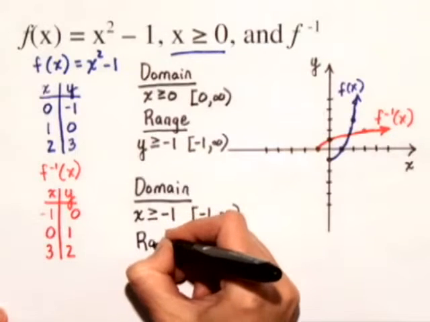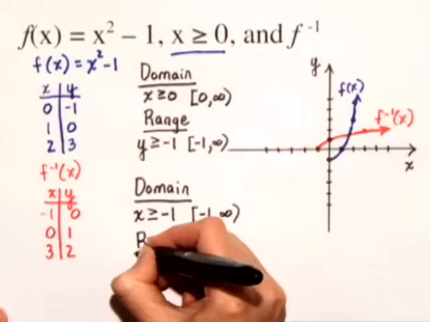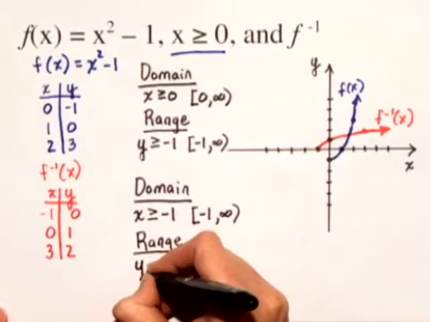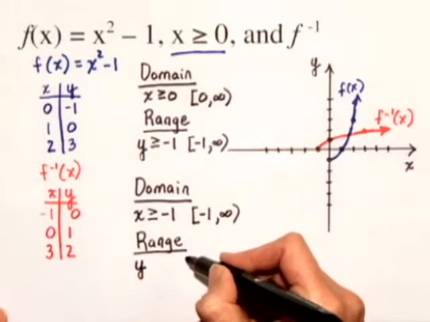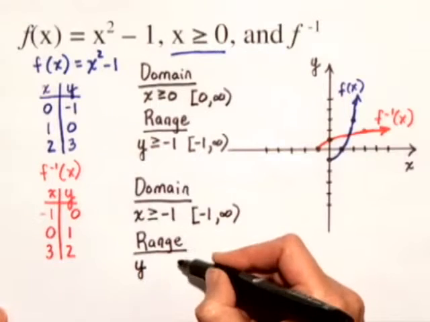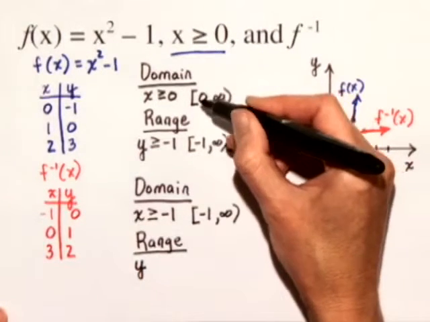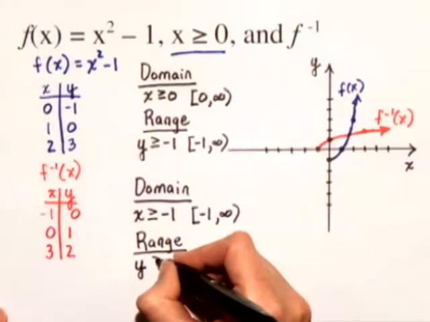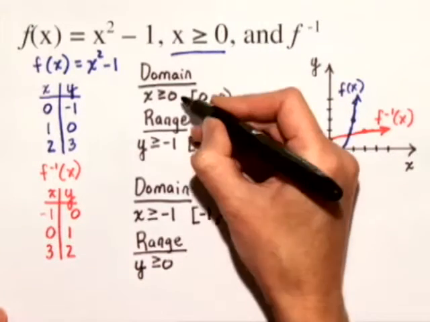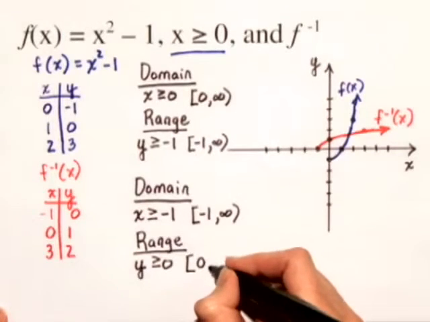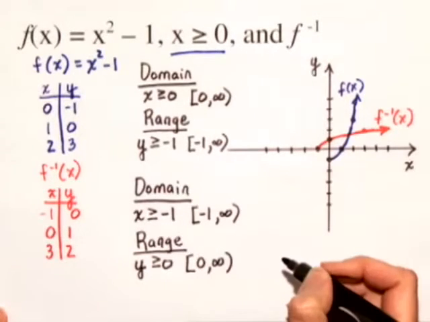And finally, the range of this inverse function. Remember, the range of the inverse function, I'm talking about the y values now, is exactly the same as the domain of the original function. So I need y values that are greater than or equal to 0. So I can write that in interval notation as 0, infinity.